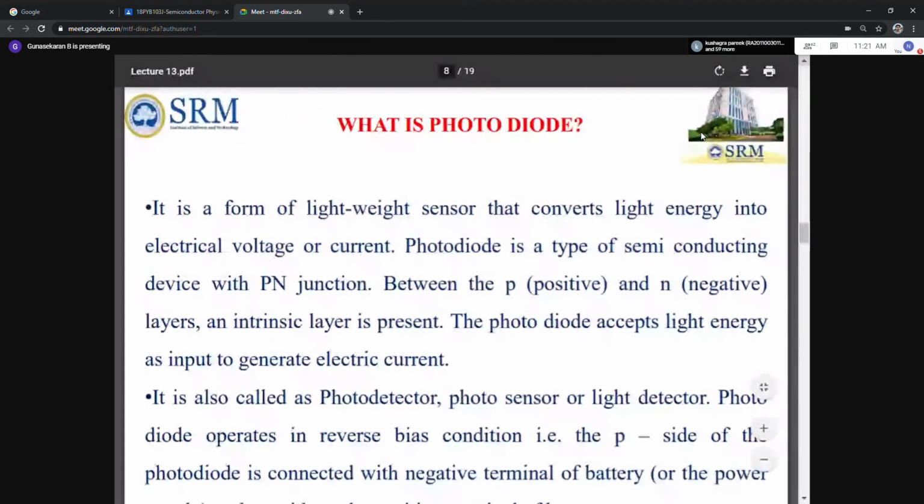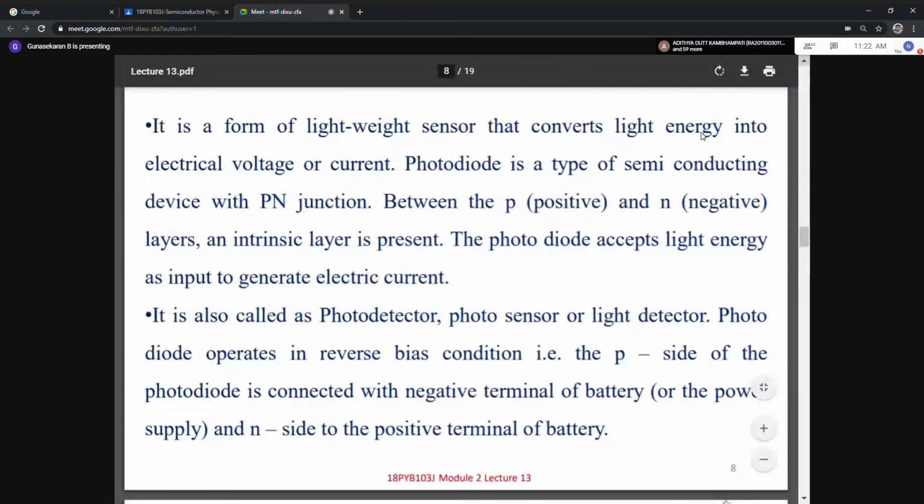It is also called a photo detector, photo sensor, or light detector, and it operates mostly in the reverse bias condition. Yesterday you saw the Schottky junction and the ohmic contact. The PN junction diode works in both forward bias as well as reverse bias, and this photodiode or photo detector is especially for the reverse bias condition.